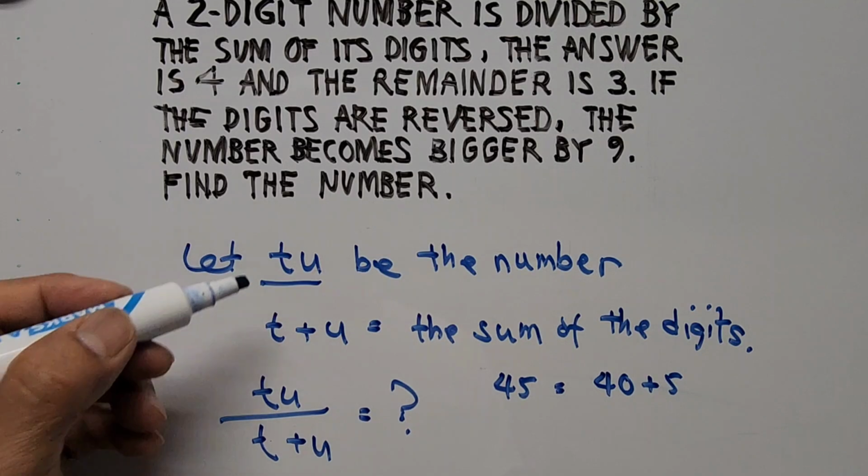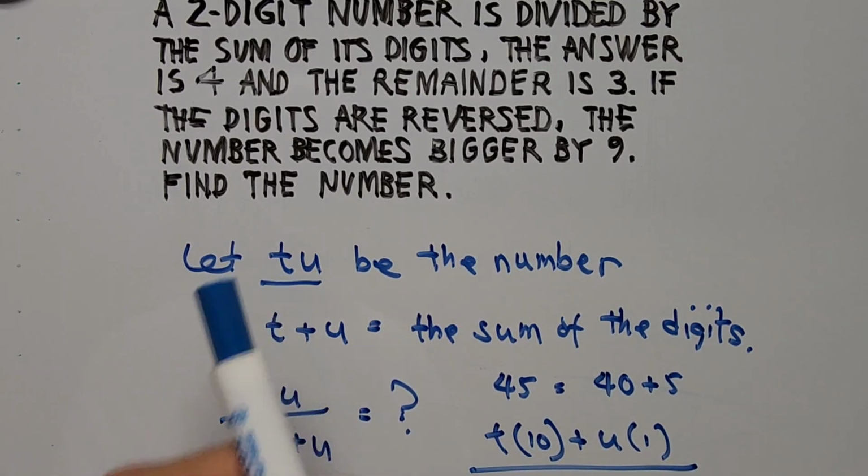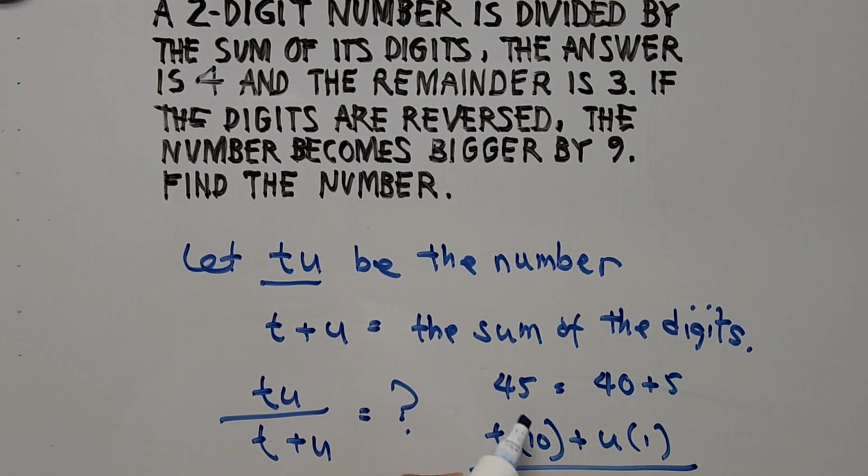So the number TU will be represented also as, since T is the tens digit and U is the units digit, T times 10, plus U, the units digit, times 1. So that's how we represent the number TU, like the number 45, 40 plus 5.